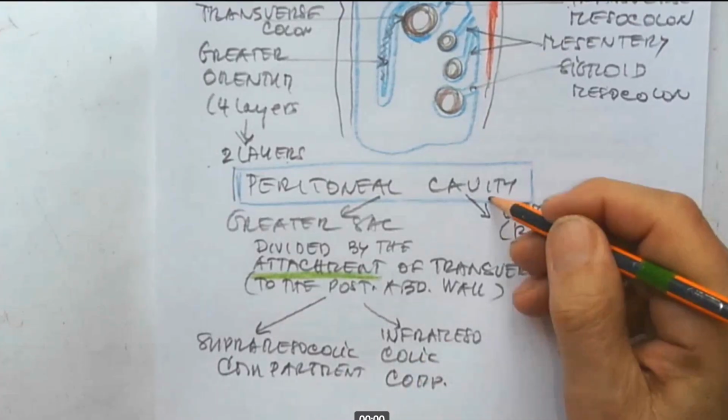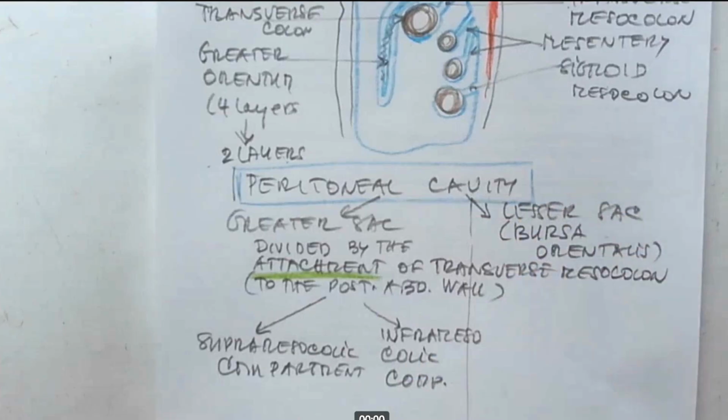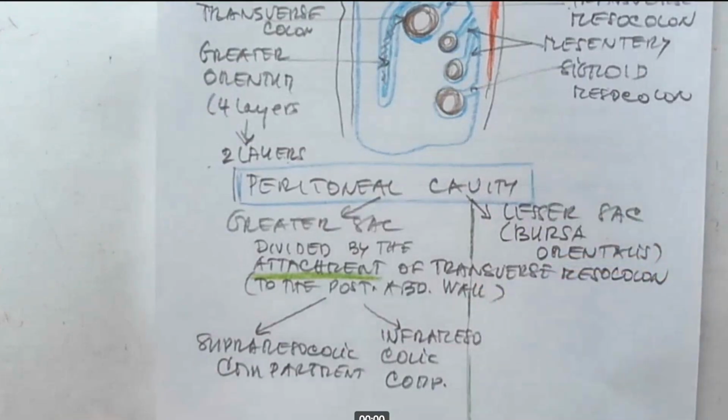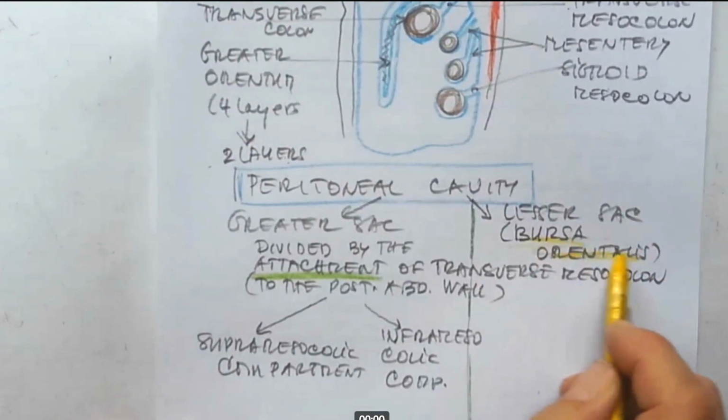That's it. So this is one thing. We divide this area into two parts: one is the bursa omentalis and the second the greater sac.